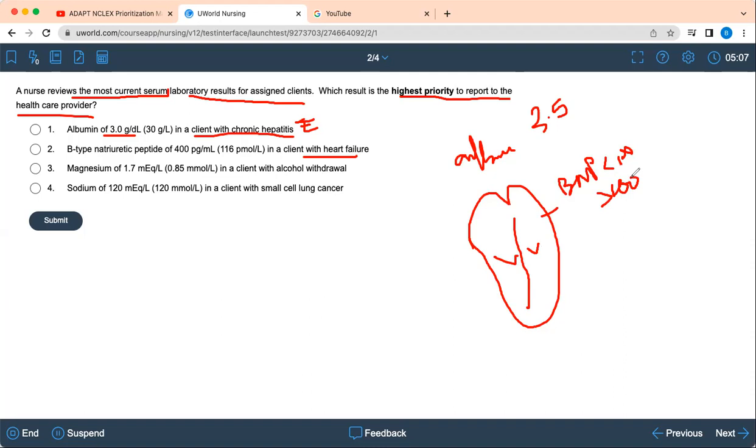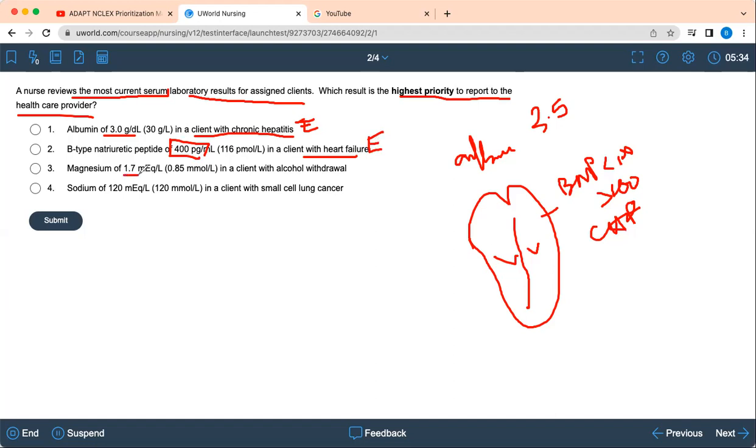You can have 1,000, 5,000, 6,000, 400. No matter the level, so far as it's greater than 100, we say you have CHF. And therefore, we expect patients who have heart failure to have a BNP greater than 100, which is 400. Therefore, this is an expected finding.